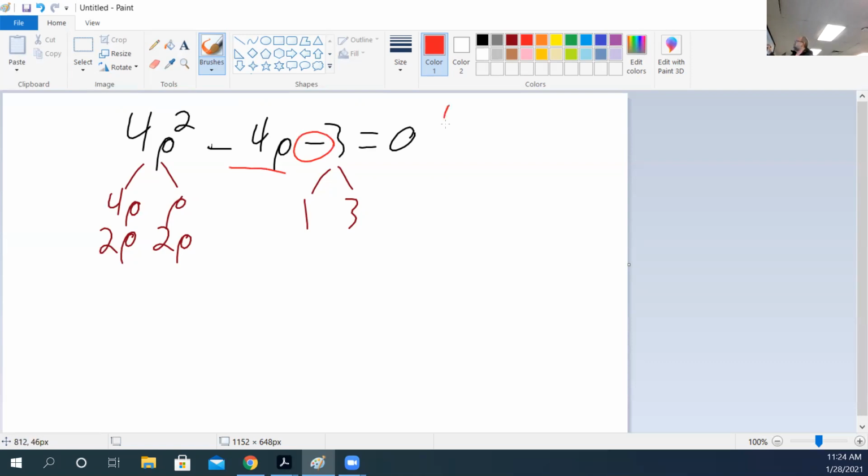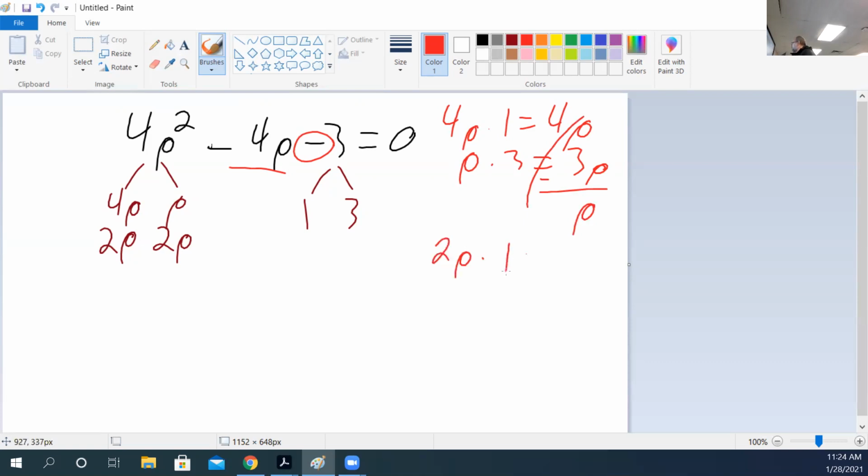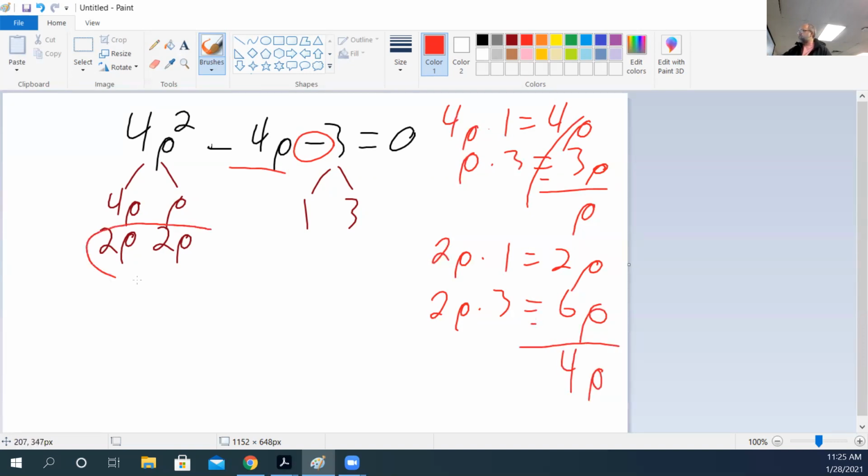So try it out. If we did 4p times 1 is 4p, and then p times 3 equals 3p, subtract, because the last sign is negative, it turns into just p, so it doesn't work. How about 2p times 1 equals 2p, 2p times 3 equals 6p. Subtract those, gives us the 4p, which is what we want. So it's good. Use those.